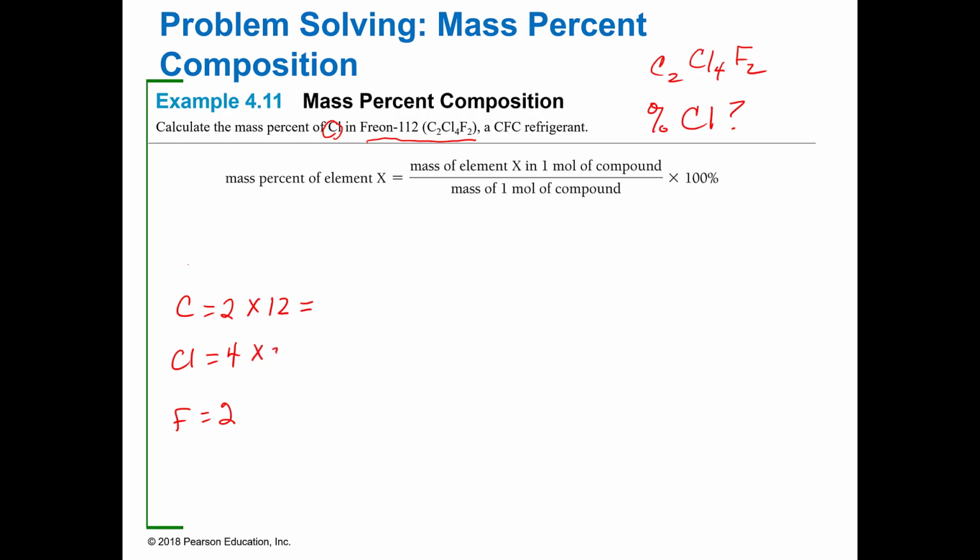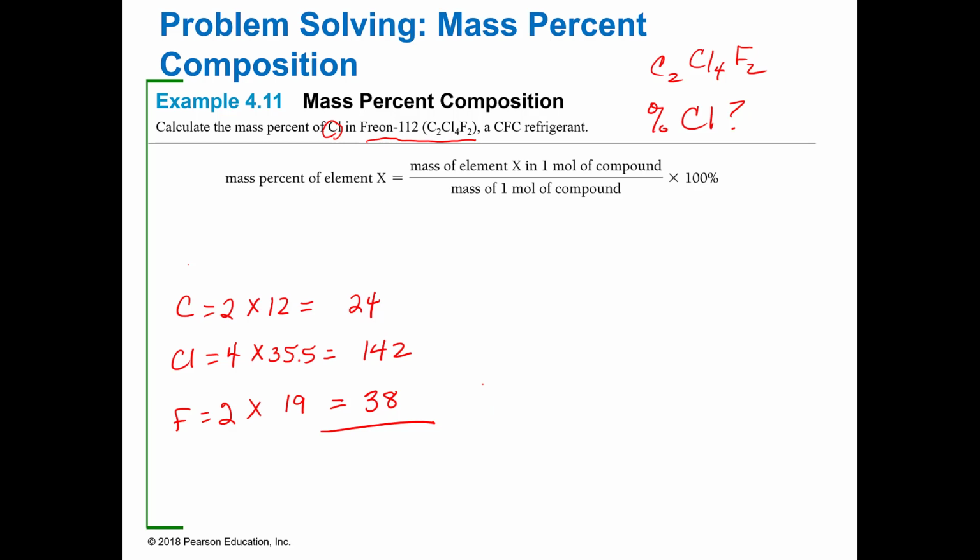I do use 35.5 because chlorine is right in the middle, so that's why I do that. And then fluorine is 19. All right. So 19 times 2 is 38. 4 times 35.5 should be 142. And 2 times 12 is 24.